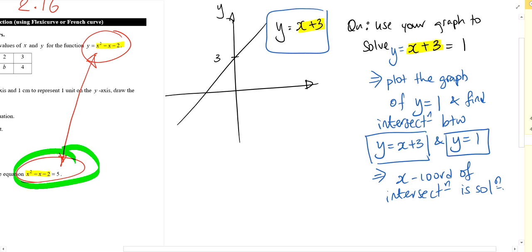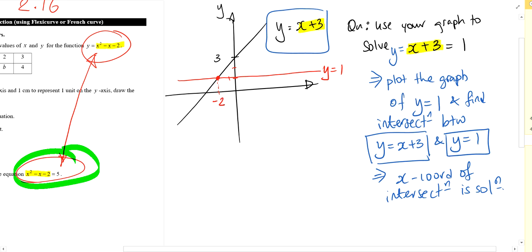So this is what it's going to look like in this case. This is 3 over here, and this is 2 and 1. So here I've got a line y equals 1. The point of intersection is over here. If this graph is drawn to scale, when I read off the graph, it should show me that x equals negative 2.